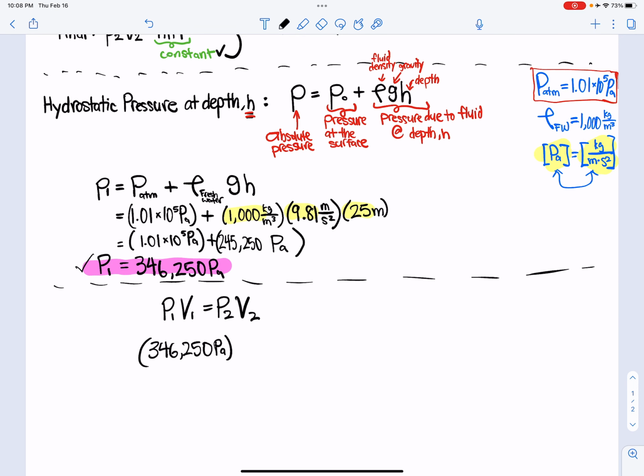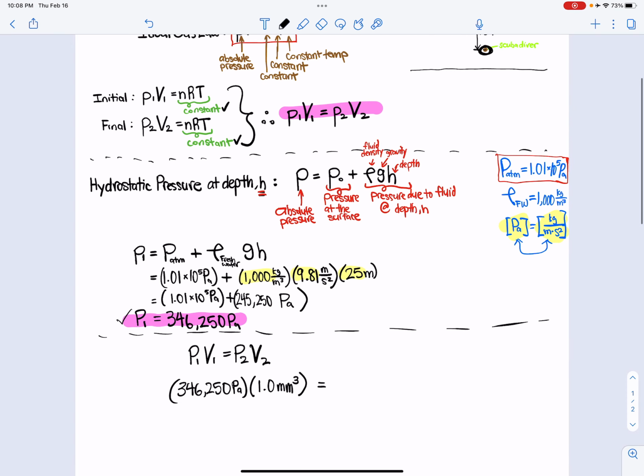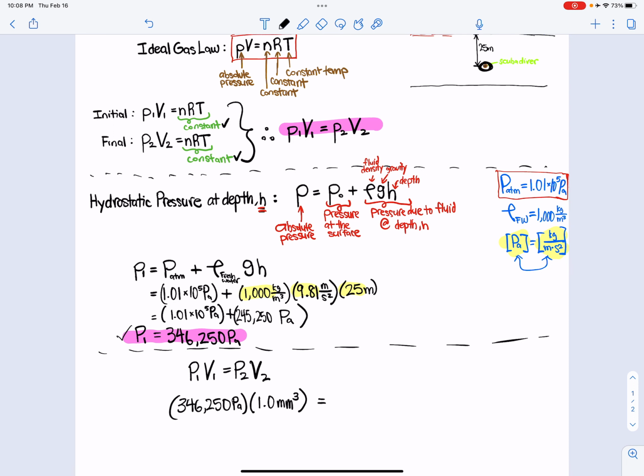Let's keep it at cubic millimeters. So 1.0 cubic millimeters is equal to P2, which, right here, P2 at the surface, that would be atmospheric pressure. So it is equal to 1.01 times 10 to the 5 pascals. And V2 is what we are looking for, okay?